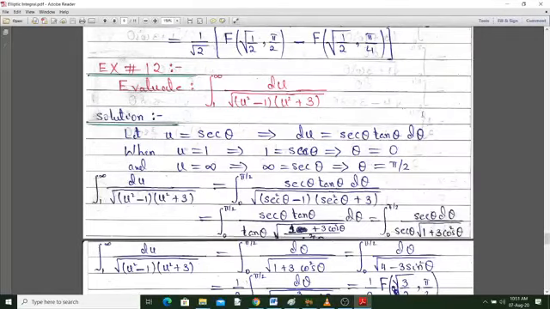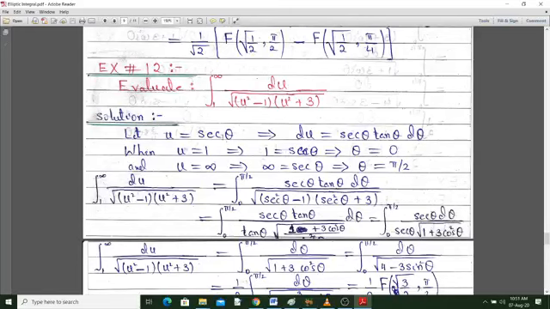This is the next example, and again you see here there are two factors in the quadratic expression, and because they are one positive and one negative, we write here this transformation: u is equal to secant theta, by using this first factor.